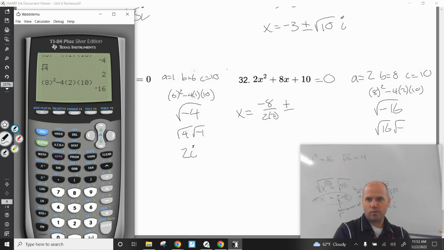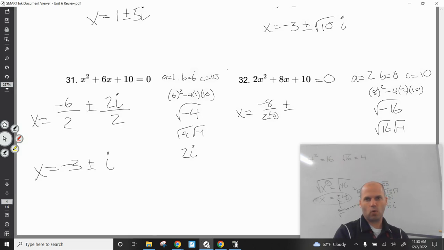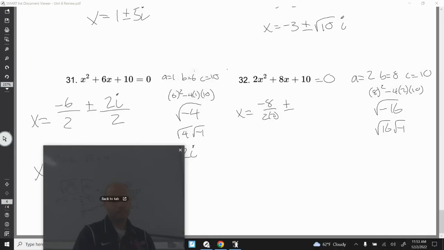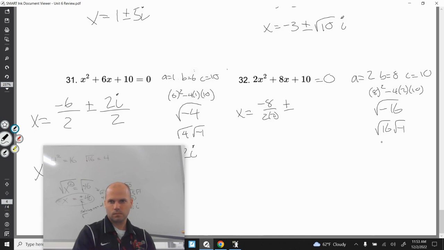Root 16, root negative 1. Can you take the square root of 16? Yeah, it's 4. It's just 4. So this is 4i. That's what goes on the top. The bottom is 2 times a.